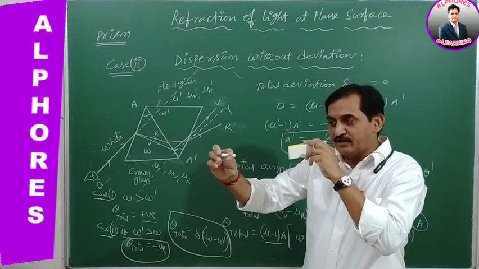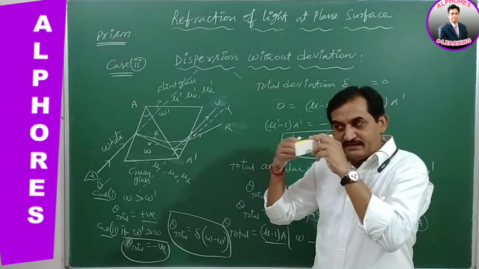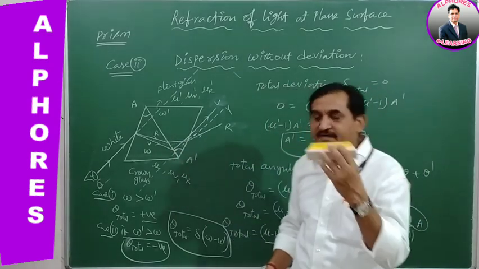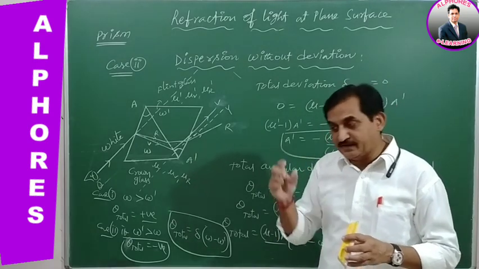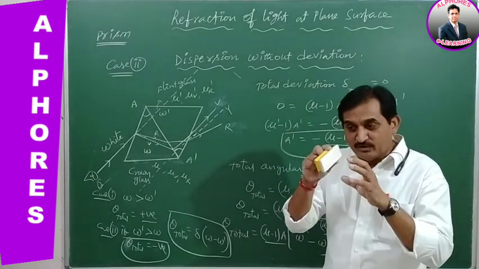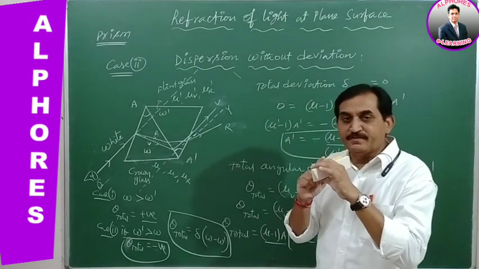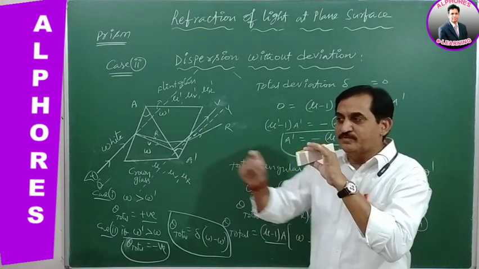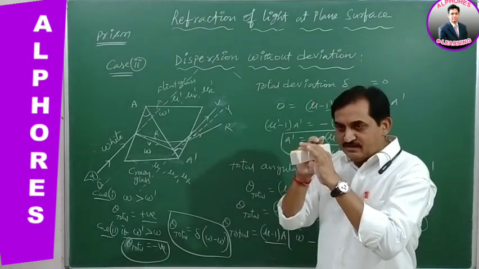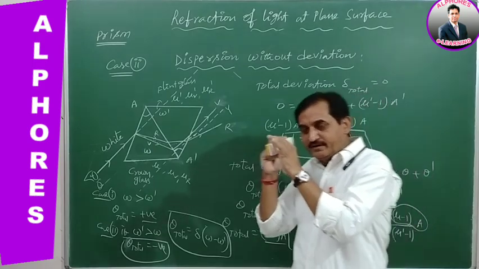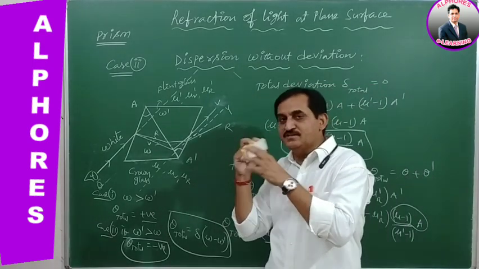The collimator and telescope both are collinear, and this combination is kept in between, and we can directly see the spectrum without rotating the telescope. So keep in your mind the spectrometer: this is the telescope, that is the collimator, and in between the combination is kept. Otherwise, every time we rotate the telescope to see the spectrum, we get the deviation.